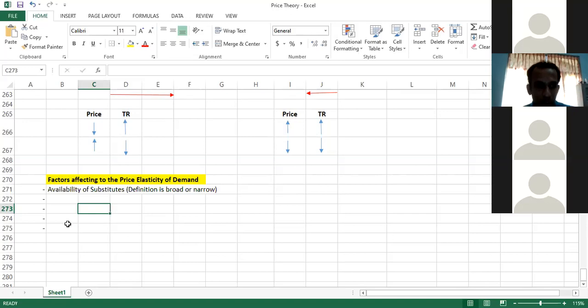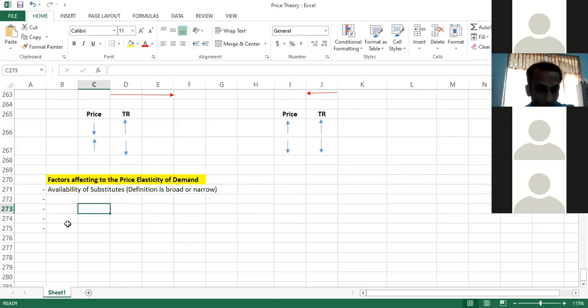No. We have alternatives, a number of alternatives. Therefore, if vegetable prices increase, we have to buy some vegetable somehow. But if one particular vegetable's price increases, we have a number of alternatives, so the demand will decrease significantly.